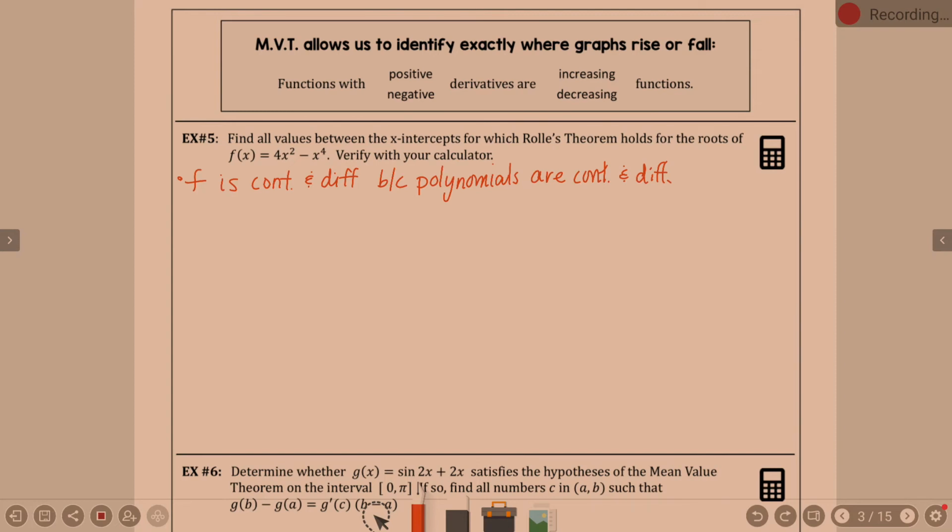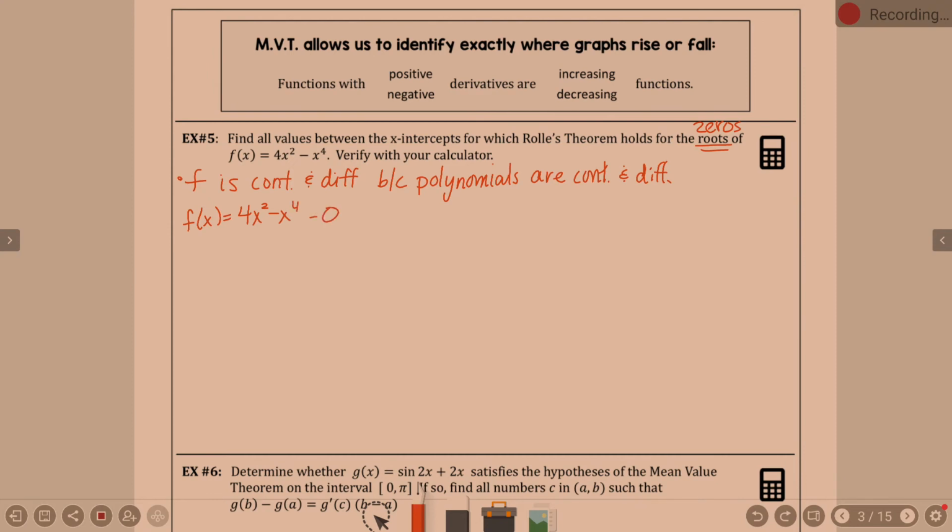So we need to look at where the zeros are. Realize when it says roots, that's another way of saying zeros. So in order to find the zeros, we're going to set f of x, 4x squared minus x to the fourth, equal to 0.